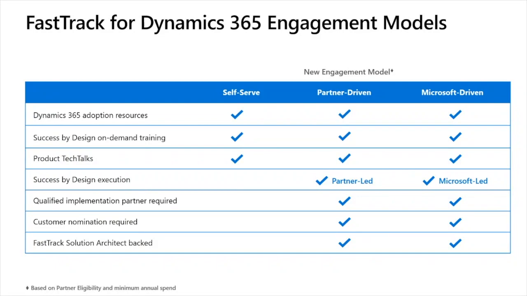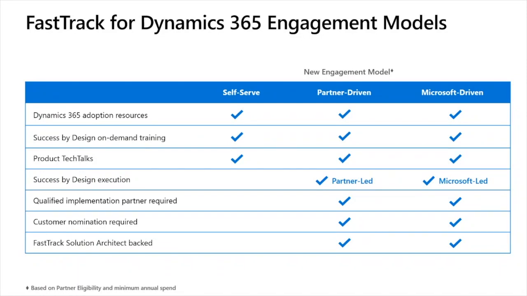For all other projects, you will see the least changes in the program. On finance and operations apps, we were engaging with these customers as part of the Essentials. And they had to go through a go-live assessment before getting their production environment. This will remain the same, but the process will be a self-serve process.